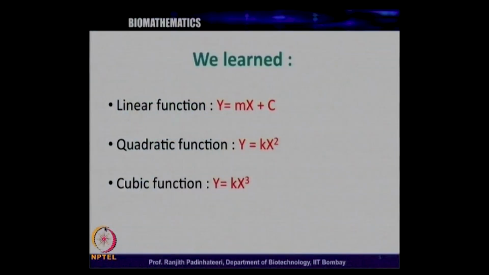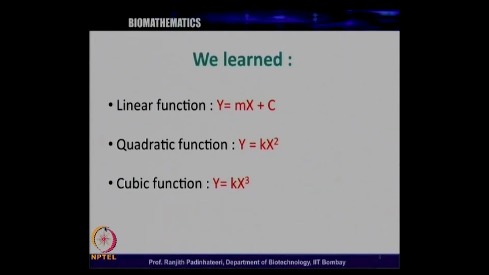Now we saw many functions like the linear function, y equal to mx plus c. We saw quadratic functions, y is equal to kx square. We saw energy in a spring or the surface area. They are all quadratic functions of, for example, surface area of an organism is a quadratic function of its radius.